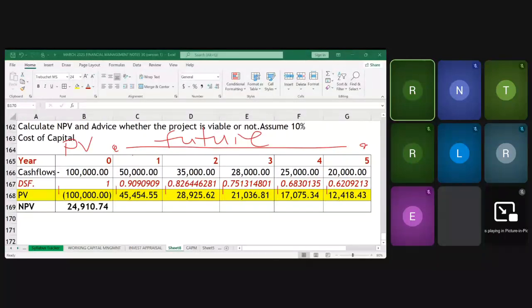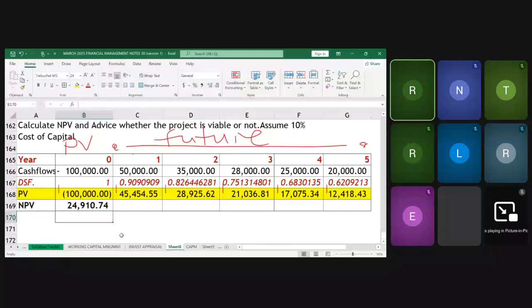So what is it that we have? It means that after giving back the investors their money, we are going to be left with the 24,910 and 74 cents. That money now accrues to the shareholders. Our shareholders are going to benefit from that 24,000. That's what it means. This is the first way of calculating your net present value.